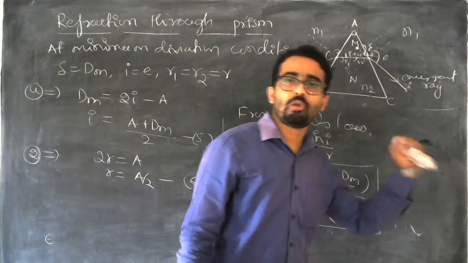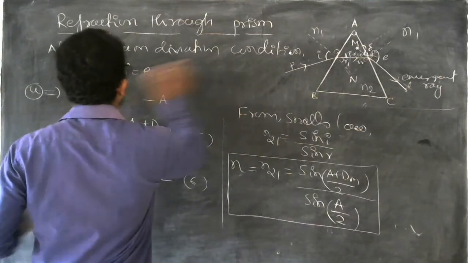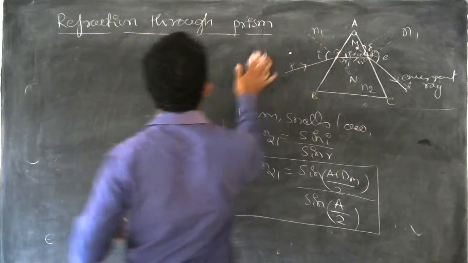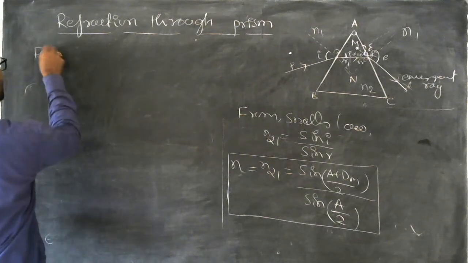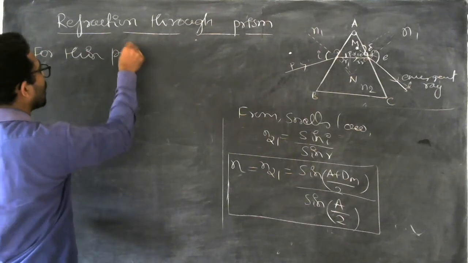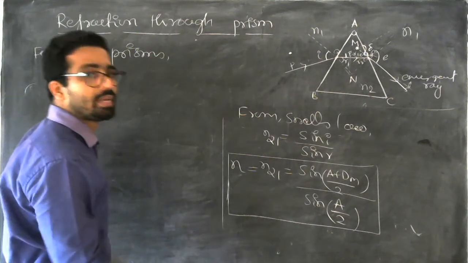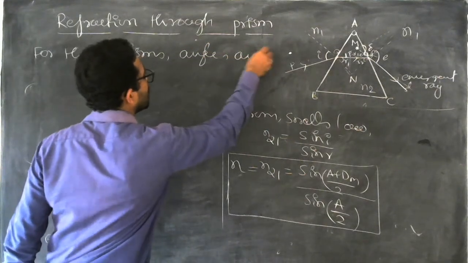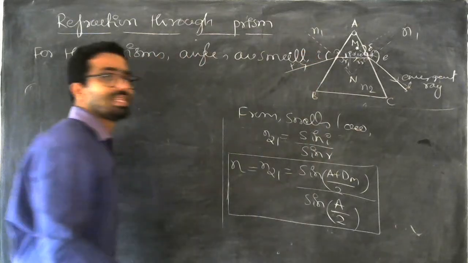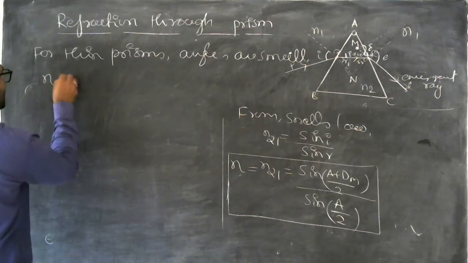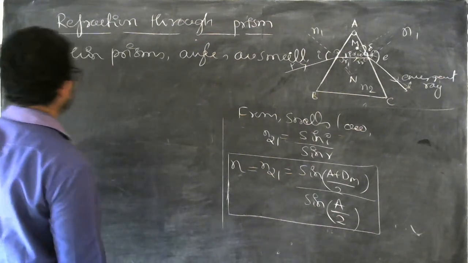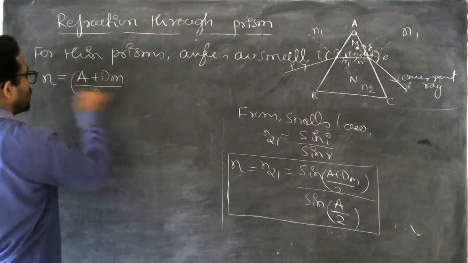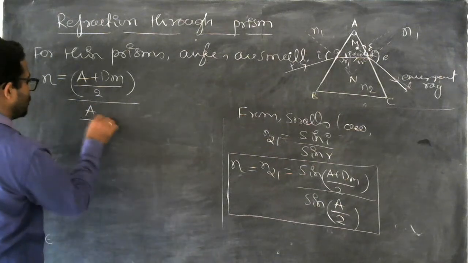Since the angles are so small, what will we do? If the angles are small, for thin prisms, we know the equation for this n. n is equal to (A plus dm) by 2 divided by A by 2.